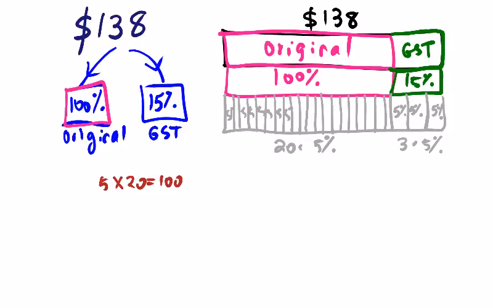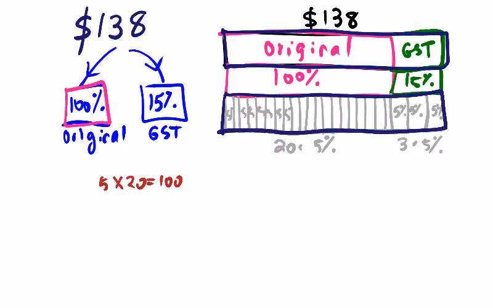So what happened then was that this full amount of $138 that includes GST could be divided in how many equal parts that are equivalent to 5%. Here we have 20 and here we have 3.